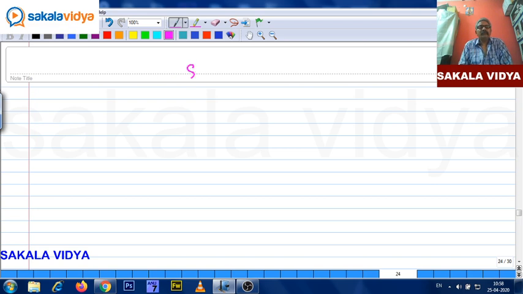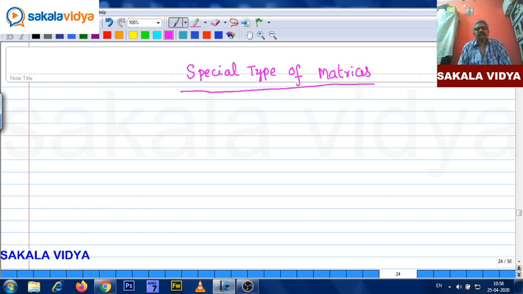So now special type of matrices. Okay, first let A be a square matrix.